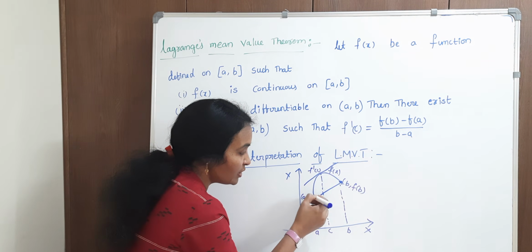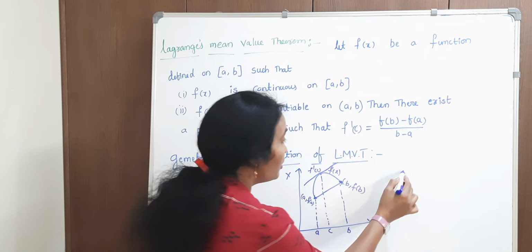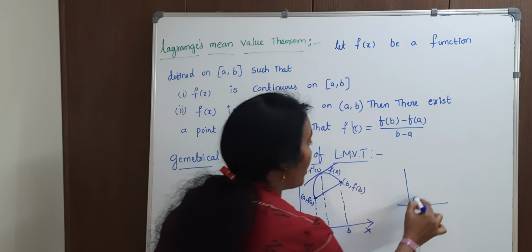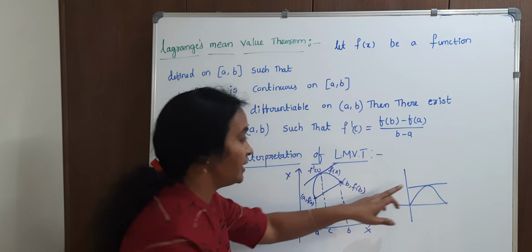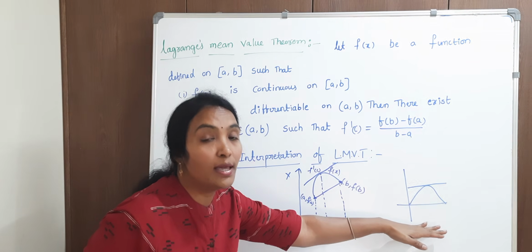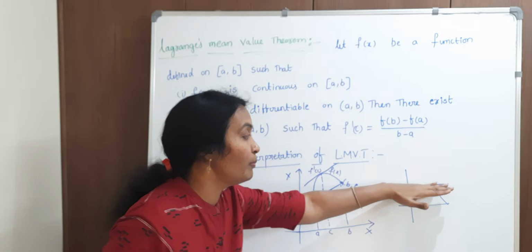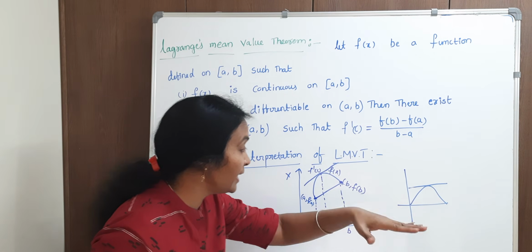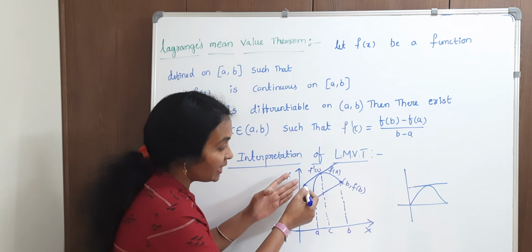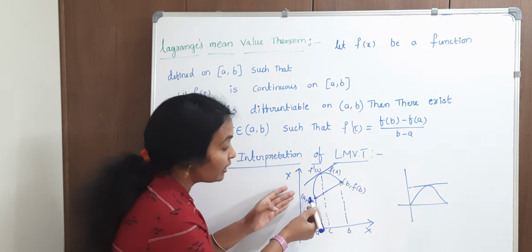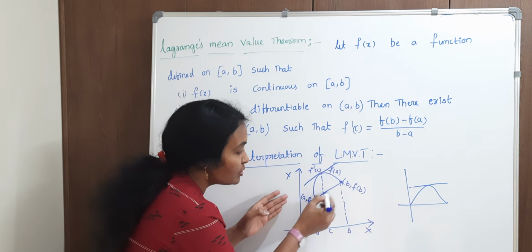In Rolle's theorem, you know that a tangent parallel to the x-axis makes f dash c equal to 0. But here this tangent is parallel to the line segment joining these two points.